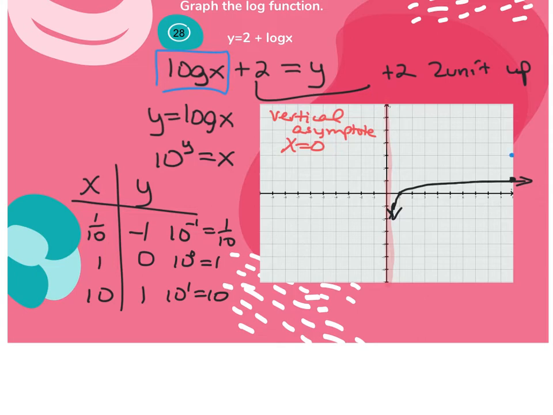So 1, 2 over here, 1, 2 over here, and 1, 2 over here. So now you can connect your points. It's going to skim along the same asymptote. Remember, when you shift up and down, the asymptote does not move. So it still has the same asymptote. It did not move.